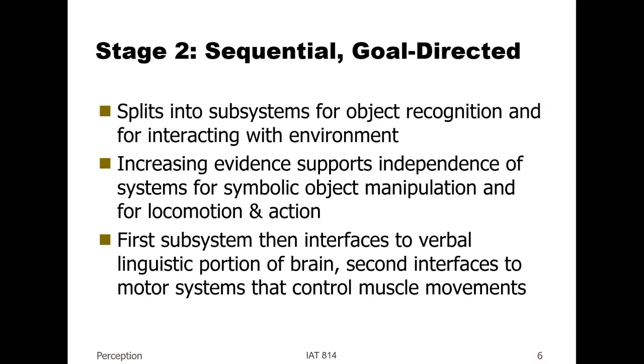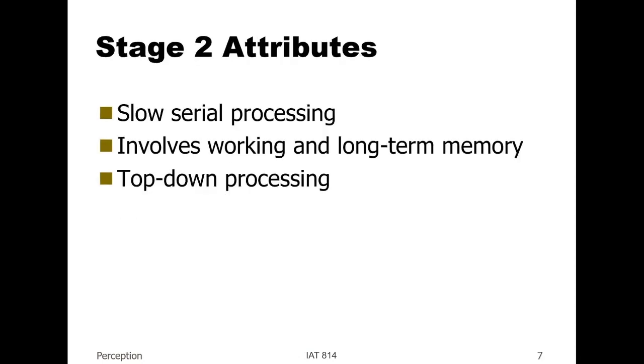And what that means is that the brain injury has affected their symbolic object manipulation centers, but it has left the locomotion and action part of it intact. And so if you throw something at a person with this injury, they're able to react to it, but they aren't able to tell you what color the ball is and what its texture is until they hold it. So, in any case, there are two systems.